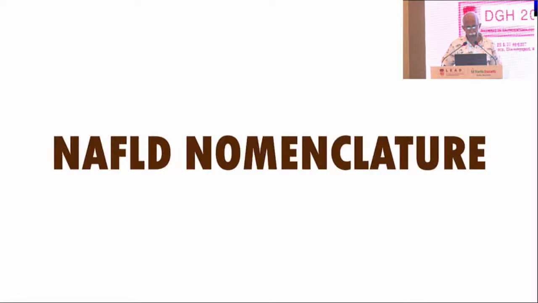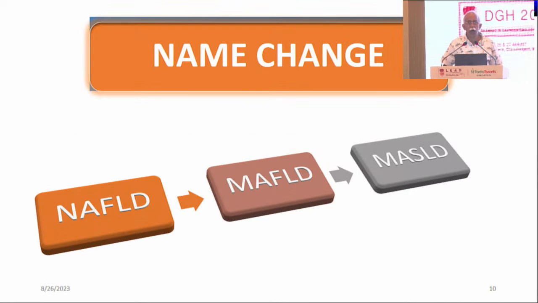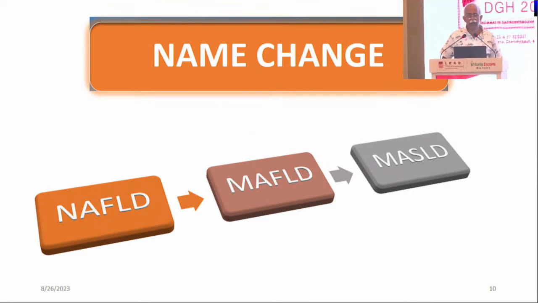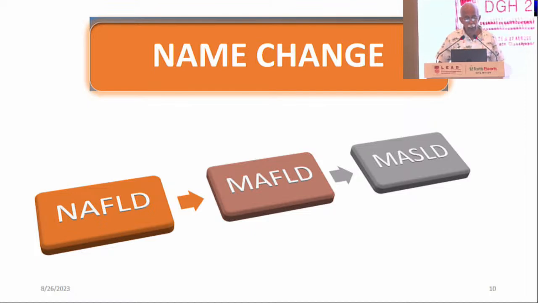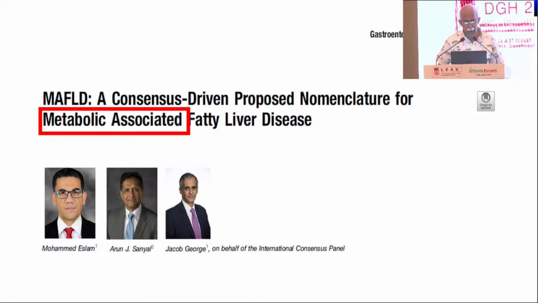First, nomenclature. The name of NAFL, I'll be referring to NAFL in general. I'm used to it, and it won't go away so fast. So from NAFL, it's gone on to MAFL, then to MASL. These are the people who started all the problem.